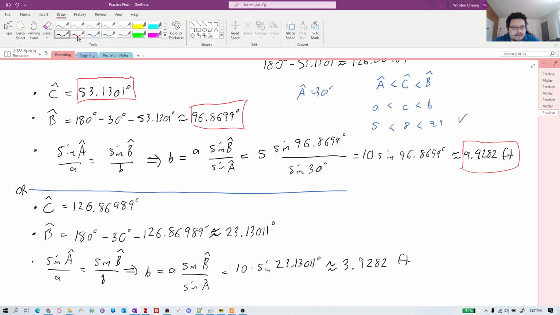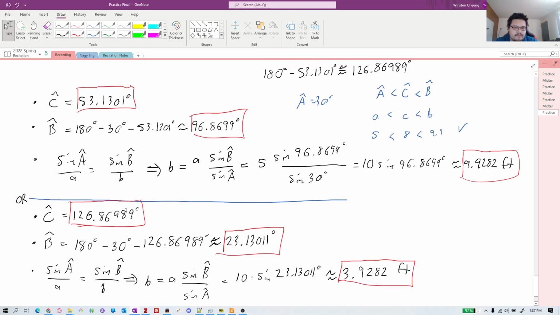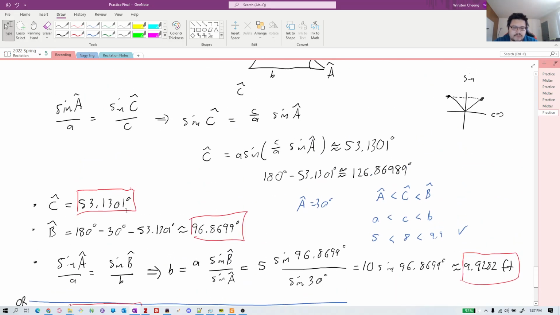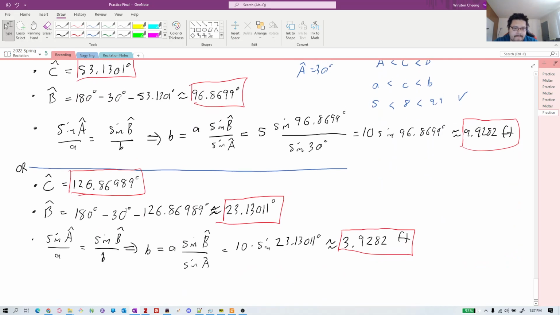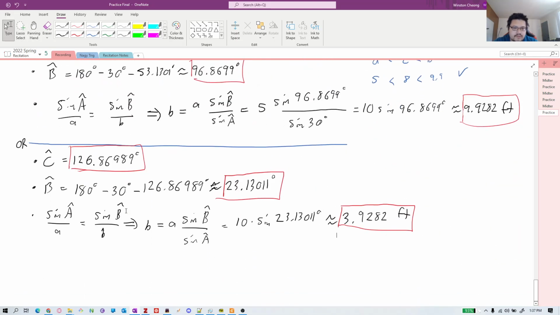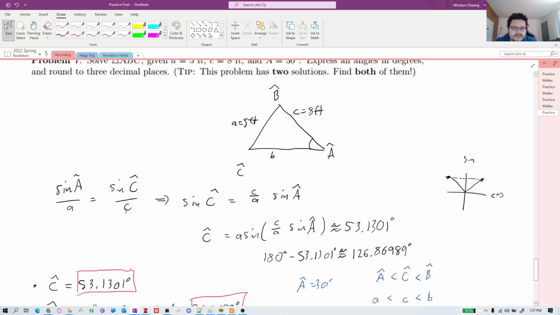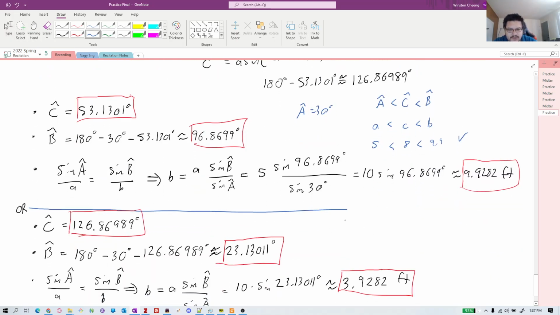So we can go ahead and box these, and then we should also think that this configuration makes sense. Just a sanity check that everything makes sense. In this case, the angle C is the biggest. Angle A is 30, so actually B is smaller, right?